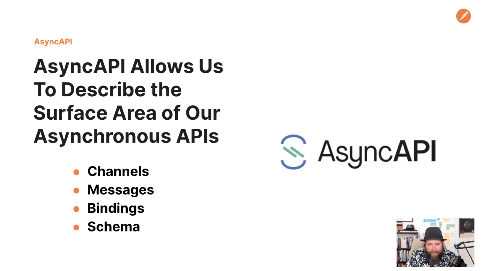So AsyncAPI allows us to describe the surface area of our asynchronous APIs, building on what OpenAPI gave us, but allowing us to describe the channels, the messages, as well as the bindings.